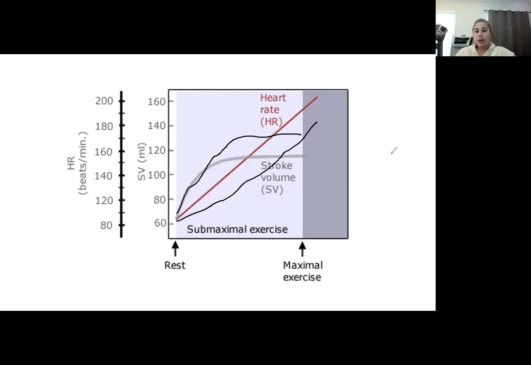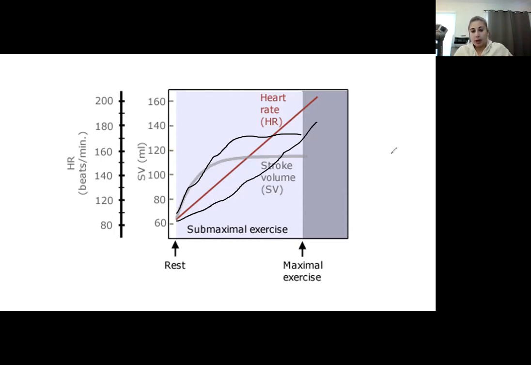So if I adapted and my stroke volume increased, my heart rate, let's say it's now 145 during my whole run. So before, when I first started, it was 160, now it's 145 with the exact same pace. I'm not going harder, it has to be the same intensity, submaximal. My heart rate's lower. Why? Because my stroke volume's higher and I can pump more blood per beat. My heart doesn't have to work as hard.